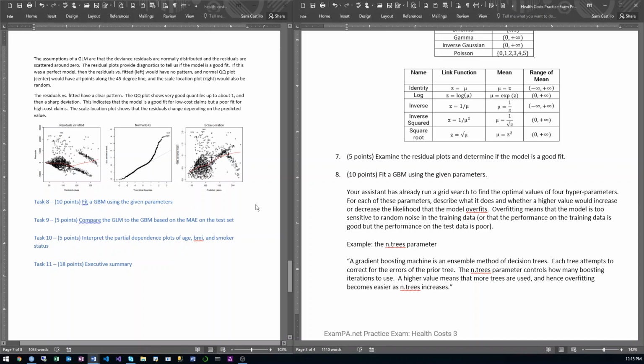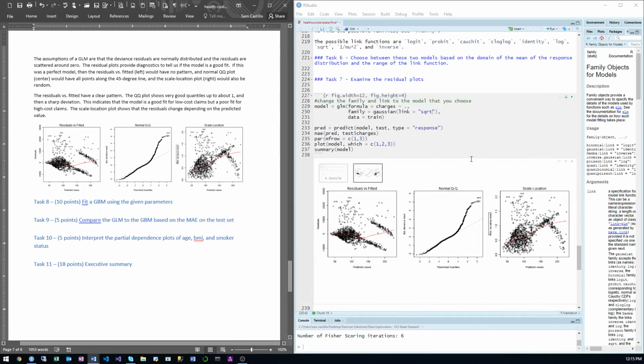In other words, if you had a linear model with like 1,000 predictors, that would be overfitting most of the time.